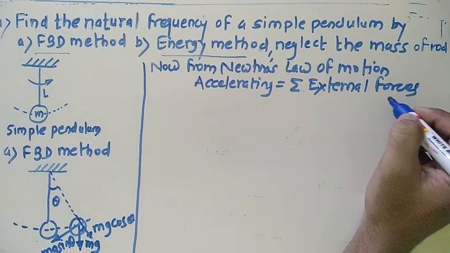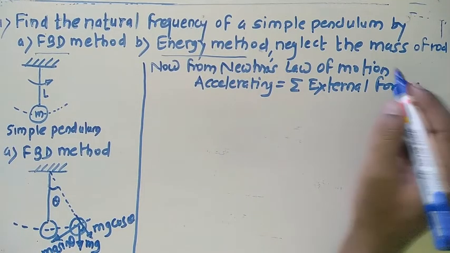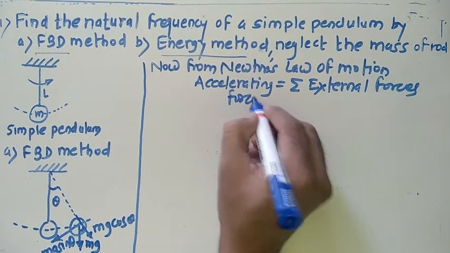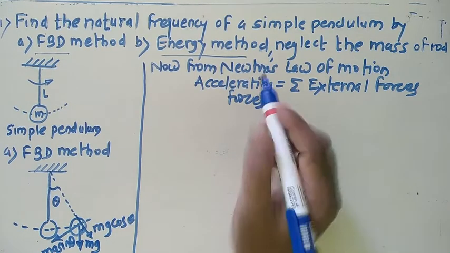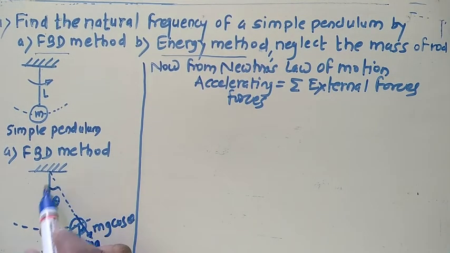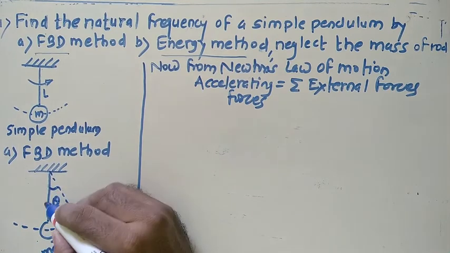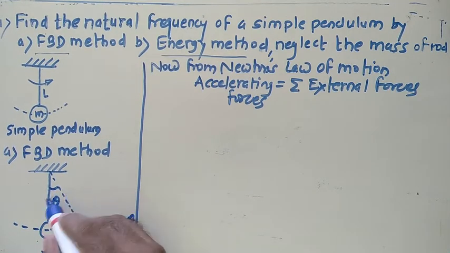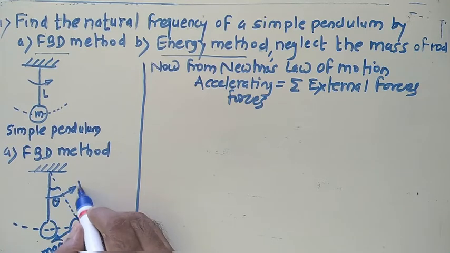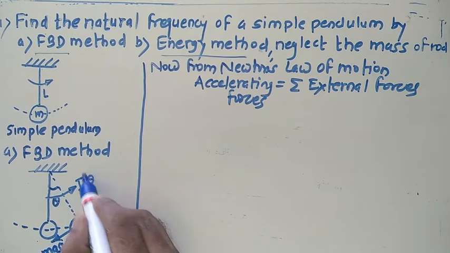Now for that, it is very important to know the accelerating forces available in the system. When I pull this simple pendulum towards one side, in the direction of motion of this bob, this is nothing but the accelerating force.